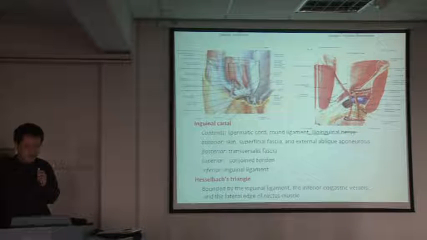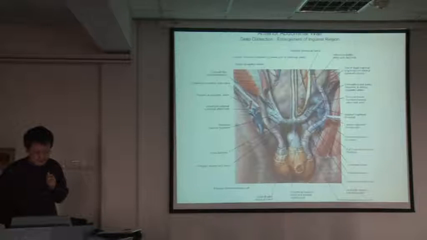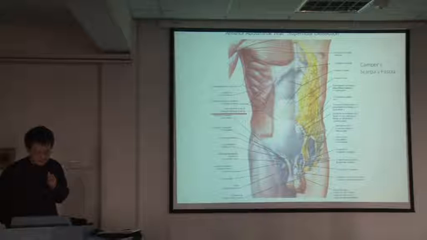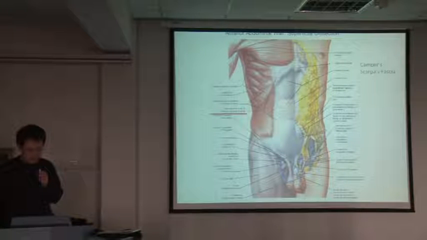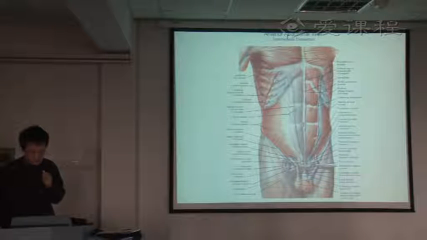All here are aponeurosis. We go back. Here is the external ring, and this region is the internal ring, and here should be the triangle, right? You see here, the external oblique muscle here is aponeurosis, and here also aponeurosis.